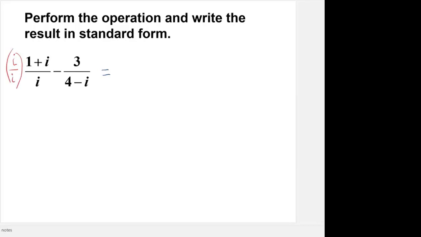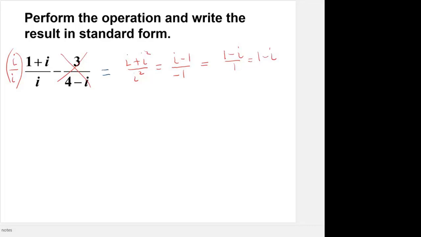Because that would give me, I'll just multiply it out. I have i plus i squared over i squared, which is the same thing as i minus 1 over minus 1. If I multiply the numerator and the denominator by a negative number, this really becomes 1 minus i over 1, or 1 minus i.